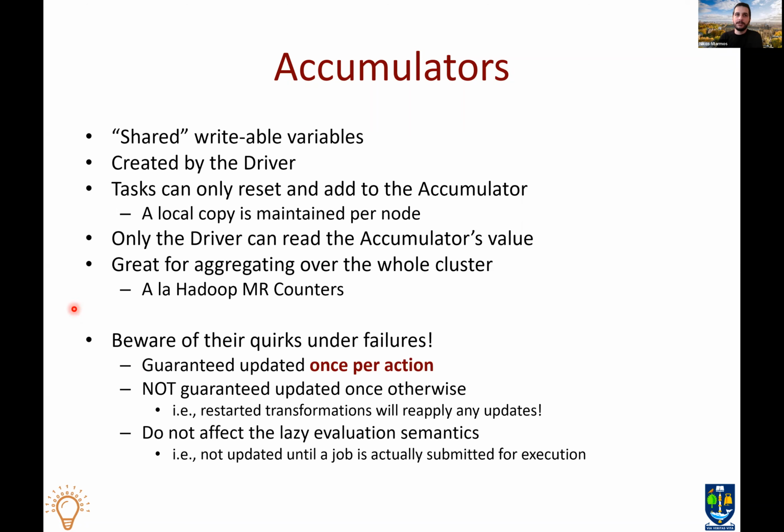But there are some quirks under failures. The contract that Spark gives us is that these are guaranteed to be updated once per action. So if we have an accumulator which we update as part of one of our actions, then it is guaranteed to be updated once for every split that action produces, or for every item that action produces. But there is no such guarantee otherwise.